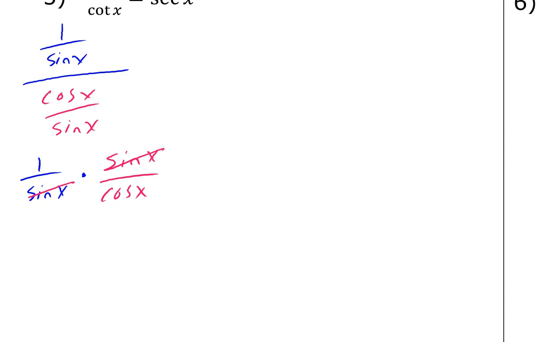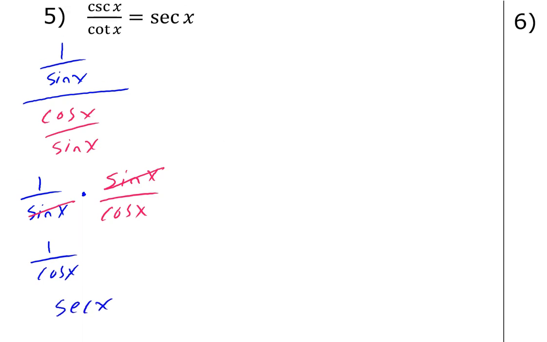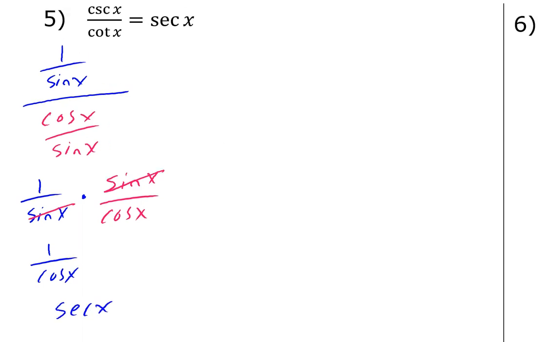And so now I have 1 over cosine x, which is secant x. And that's exactly what we were trying to prove. Secant x is equal to secant x. So here we have verified the identity.